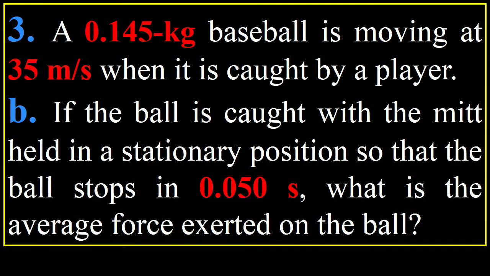Kilogram meters per second. Now, if the ball is caught with the mitt held in a stationary position, so that the ball stops in 0.050 seconds, what is the average force exerted on the ball? So what is the force exerted by the mitt on the ball?